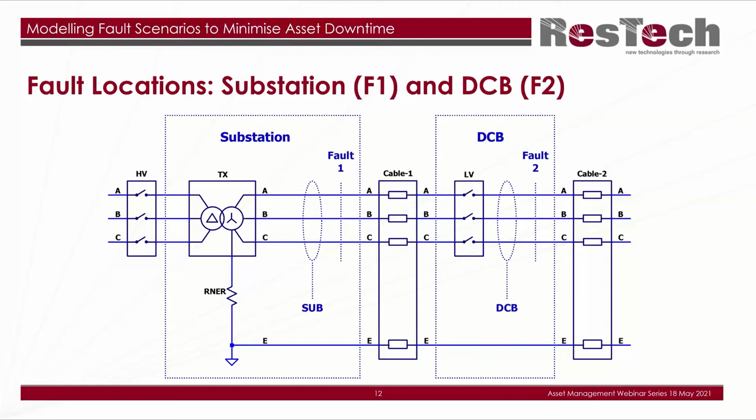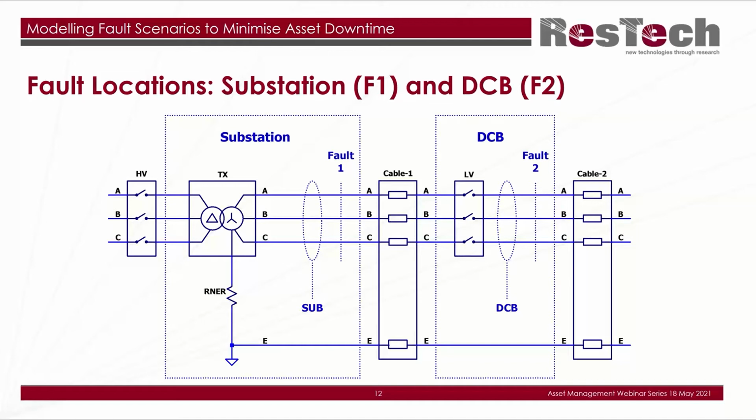In fact, this is a common theme that I'm showing here, that labeling things becomes very important, especially when you start looking at lots of combinations of equipment. So here, for example, I've just labeled the faults F1 and F2. It might be that the fault locations could be labeled based upon the location in the plant, but either way, some sort of systematic way of doing it.